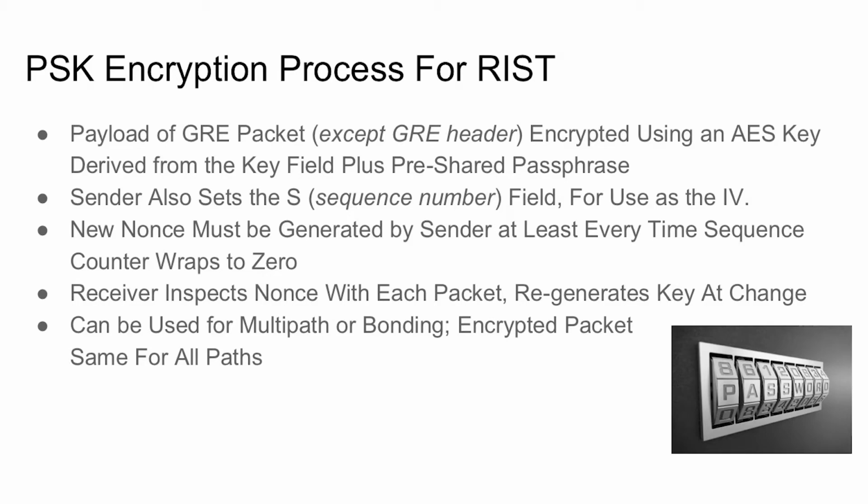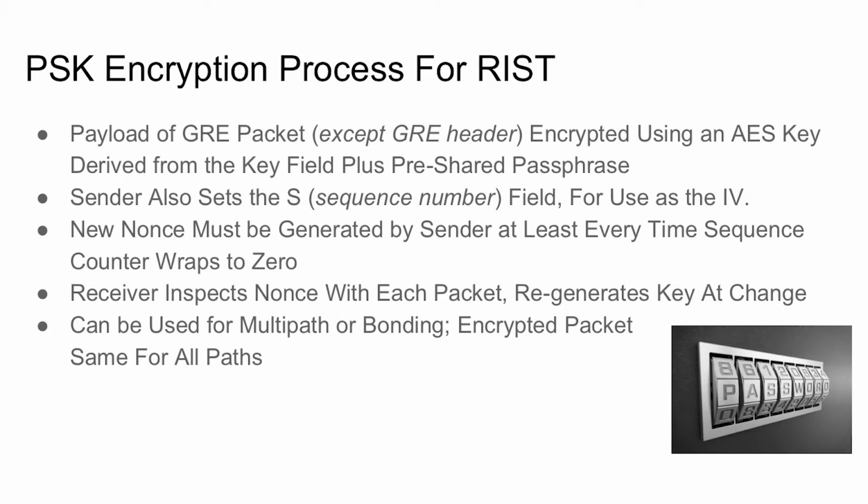Now, using the contents of the sequence number field that comes in the GRE as the initial vector, we can decrypt the payload with an AES key that is derived from that key field that I just mentioned, plus the passphrase and an industry standard protocol that lets you do that calculation.